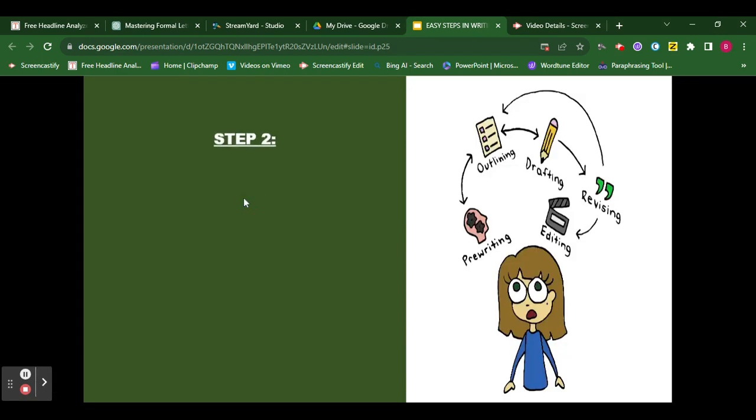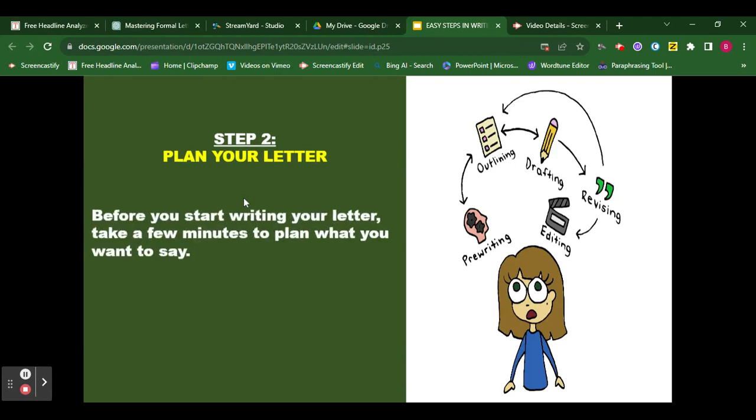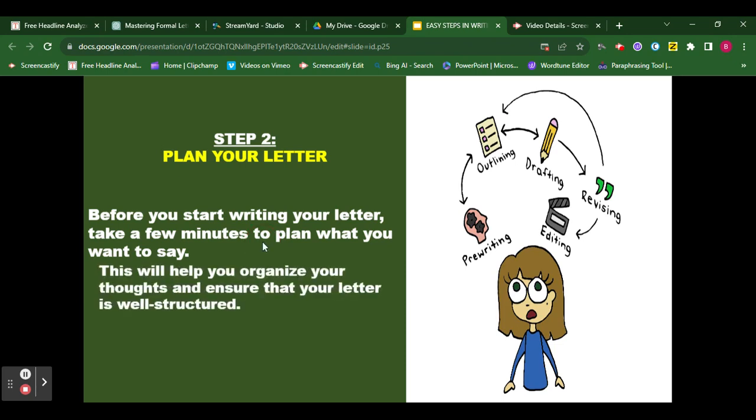Step number 2, plan your letter. Before you start writing your letter, take a few minutes to plan what you want to say. It's really very important. This will help you organize your thoughts and ensure that your letter is well structured.